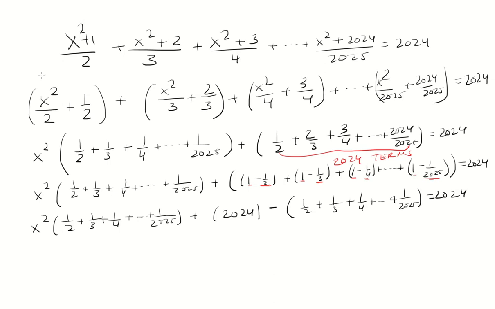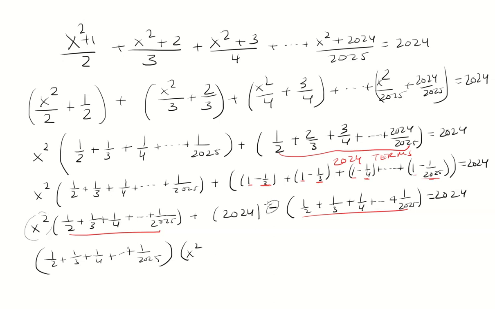If you notice, these are the same, so I can factor out the 1 half, 1/3, etc. And then we have x squared in front minus a factor of 1. And then we have to add the 2024, and that's going to equal 2024.